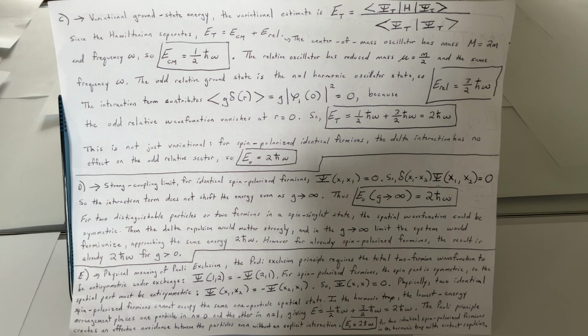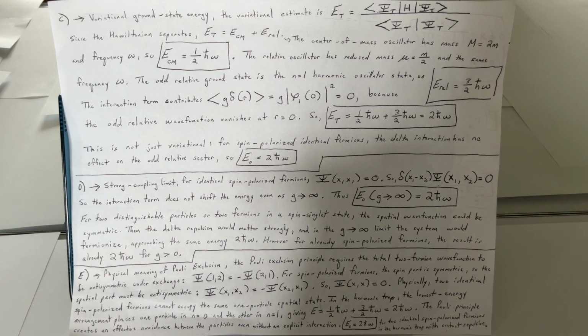And for spin polarized fermions, the spin part is symmetric, so the spatial part must be antisymmetric, so that capital psi of x sub 1, x sub 2 equals negative capital psi of x sub 2, x sub 1. And so we could say capital psi of x, x equals 0.